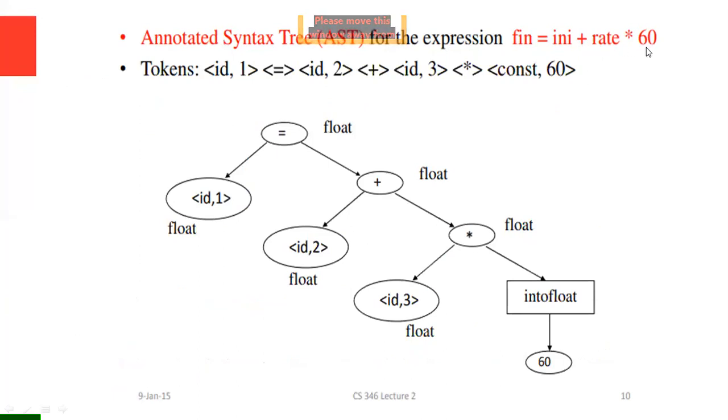So this is the expression we used in the first phase, lexical analysis, and the second one is the syntax analysis. So we are using the expression fin is equal to ini plus rate into 60. This expression can be converted into a stream of tokens.